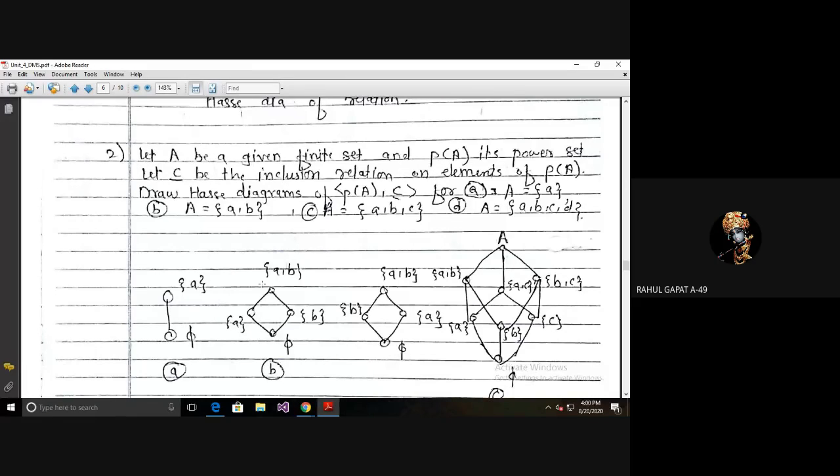Yes, ma'am. Okay. Now consider third one, set A, which consists of three elements A, B, C. So first of all tell me how many elements would be there in the power set of A?